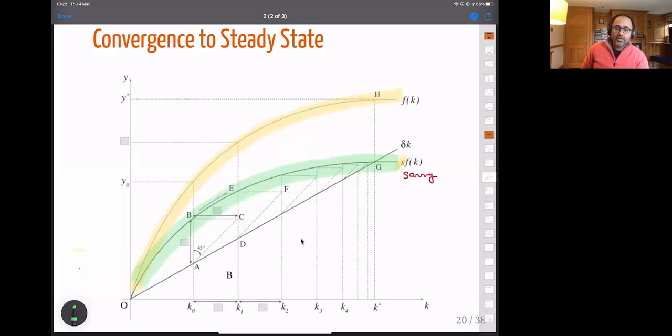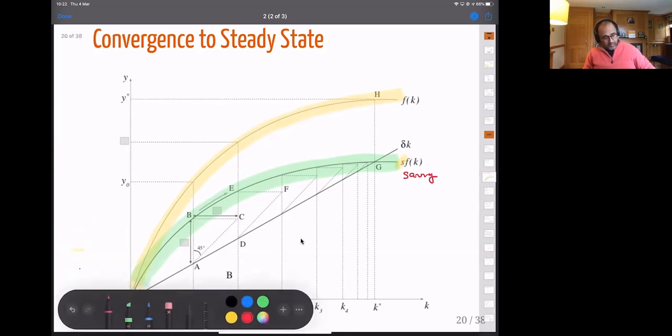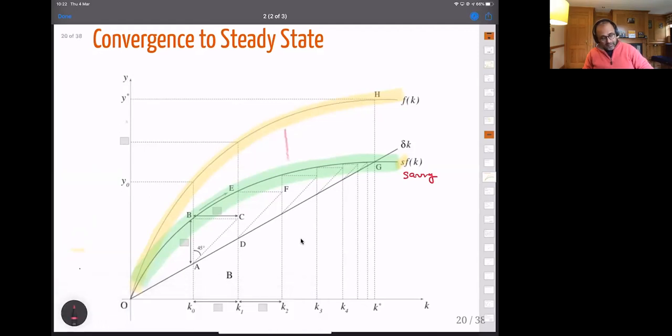The difference between the green and the yellow line tells you how much is consumed. So this is the bit that's being consumed, and this is the bit that is being saved.